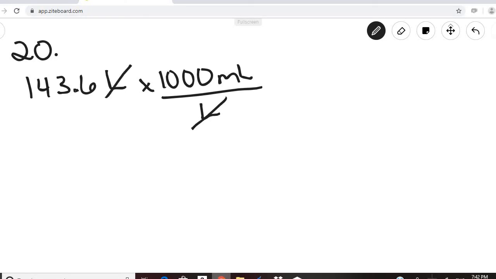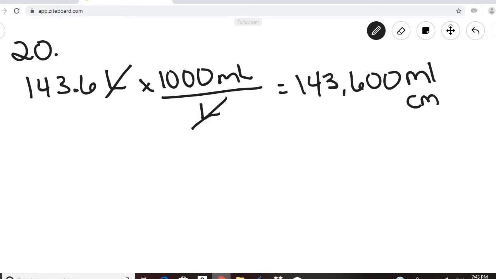The liters are going to cancel, and so this answer would be 143,600 milliliters, or cubic centimeters, centimeters cubed. So 143,600 centimeters cubed. Okay, and we want to get it into meters cubed.